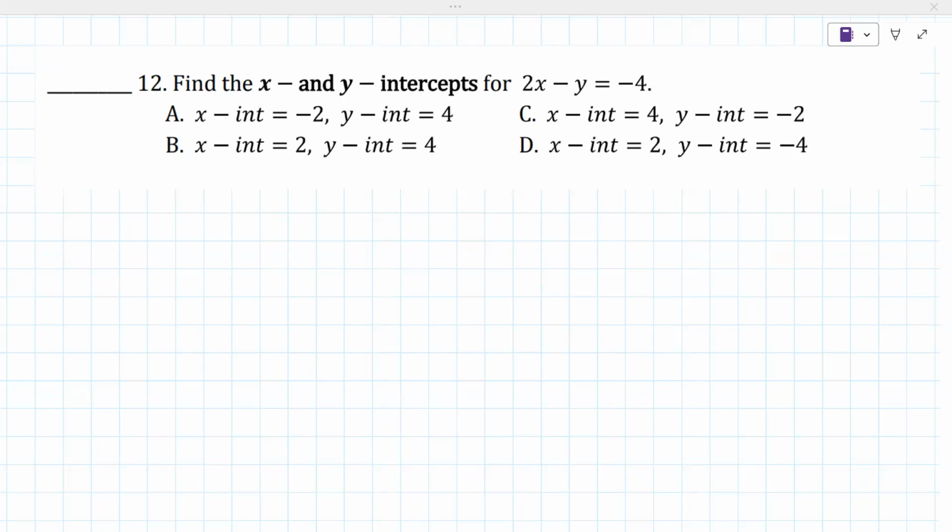I got x is -2 and y is 4. Okay, which answer are you gonna select? Answer A. This one right here?